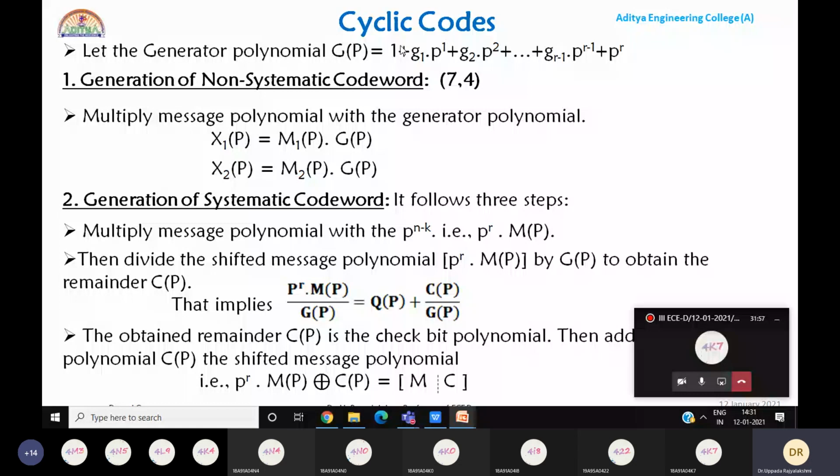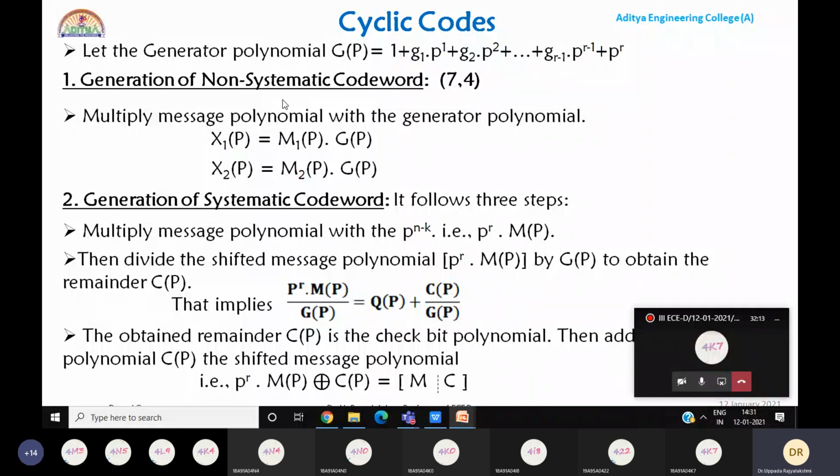So g of p is 1 plus g1 p power 1 plus g2 p square plus so on plus g(r-1) p power r minus 1 plus p power r. Okay, this is the generator polynomial. So let us assume this.